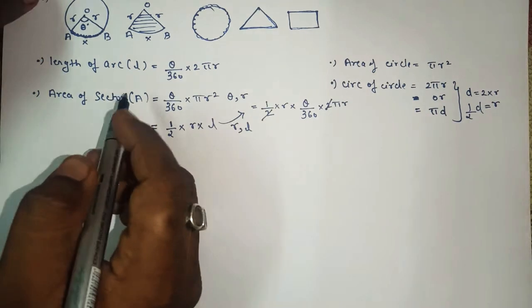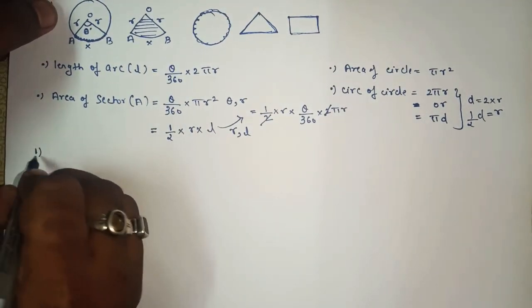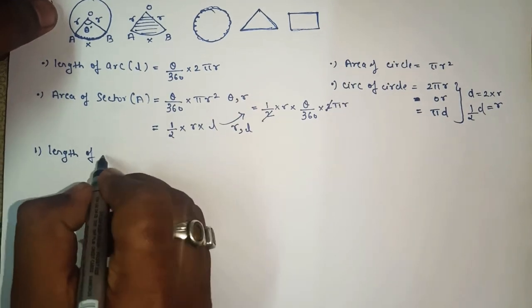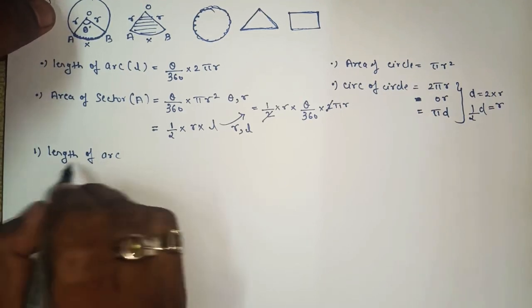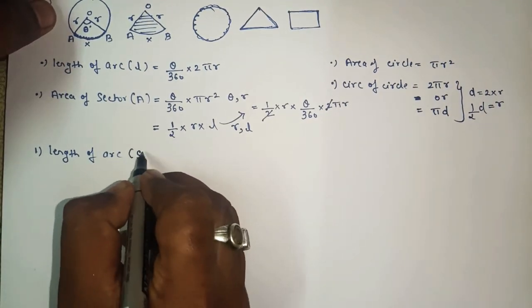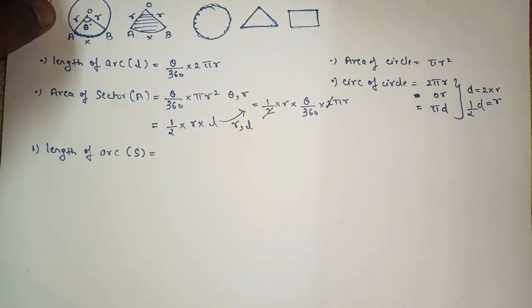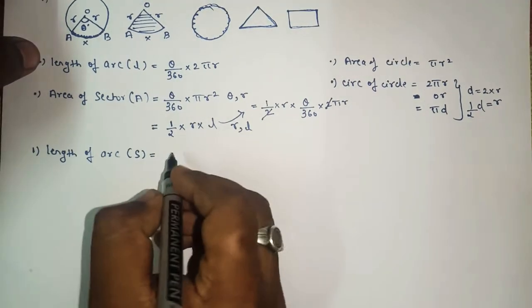Okay, so now let's see the concept of your 11th standard. Here also we'll take the first formula as the length of the arc. The symbol which we use for the length of the arc will be S, not L. Remember this. For this exercise the length of the arc will be taken as S. Here the formula is a little different.